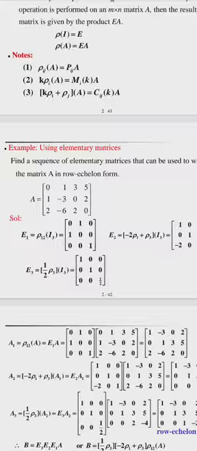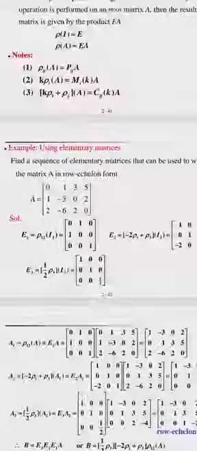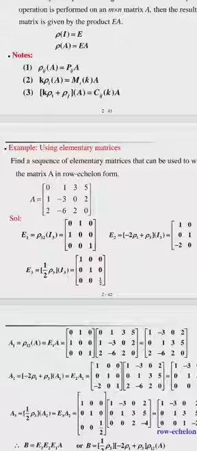Then E1 equals the operation row 1, 2 interchange in I3, where I3 is the identity matrix of order 3 by 3. Then the E1 value is 0 1 0, 1 0 0, 0 0 1.